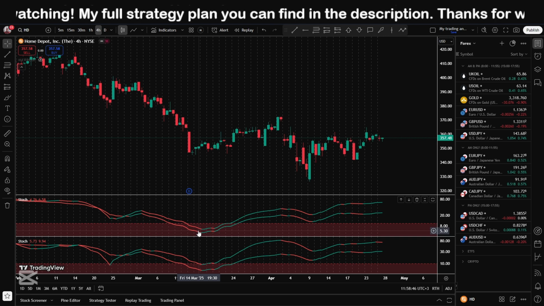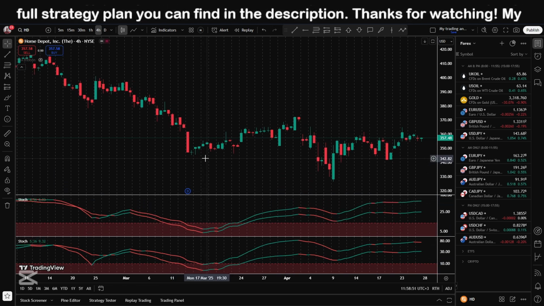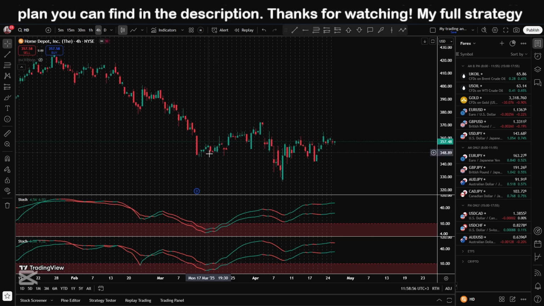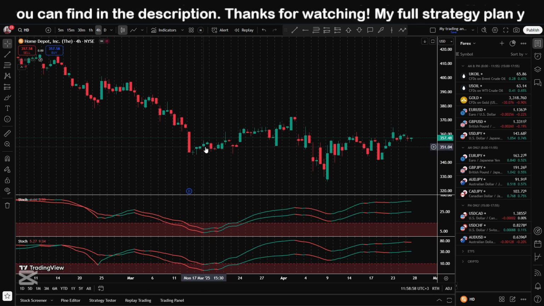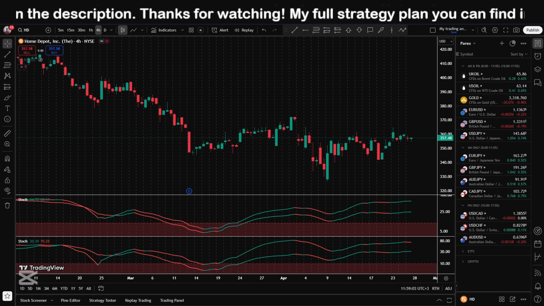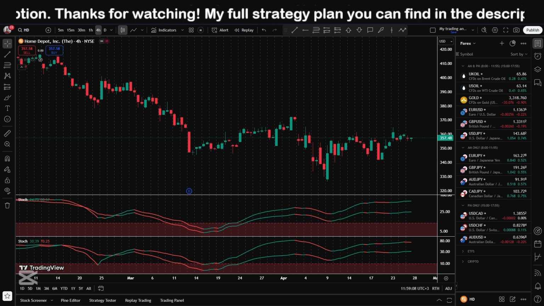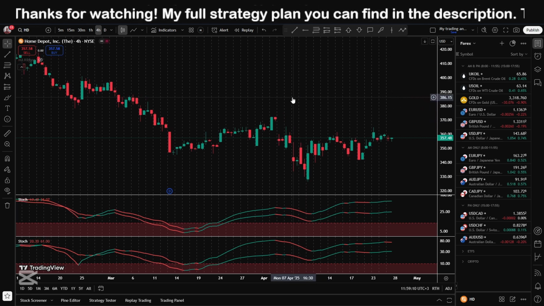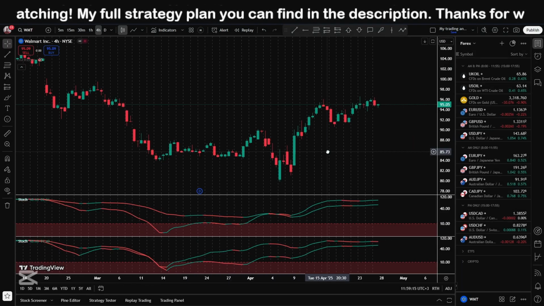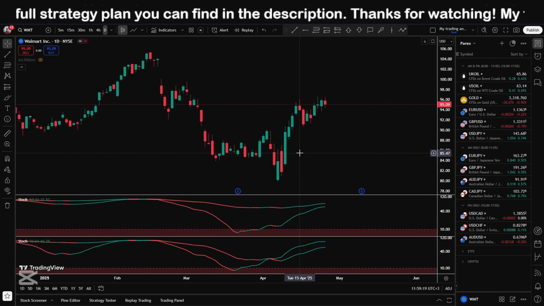Again, all stochastics oversold, changing the trend at the same time right here, and you can see that the price at the moment is at these levels, so still it's a good time to invest in this stock. Okay, the next is Walmart. Nothing from Walmart.